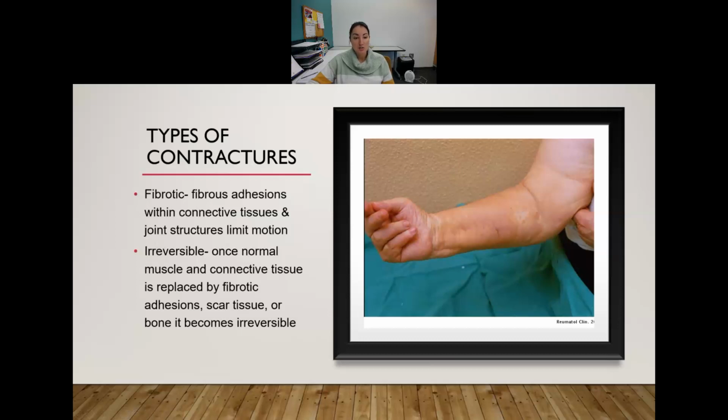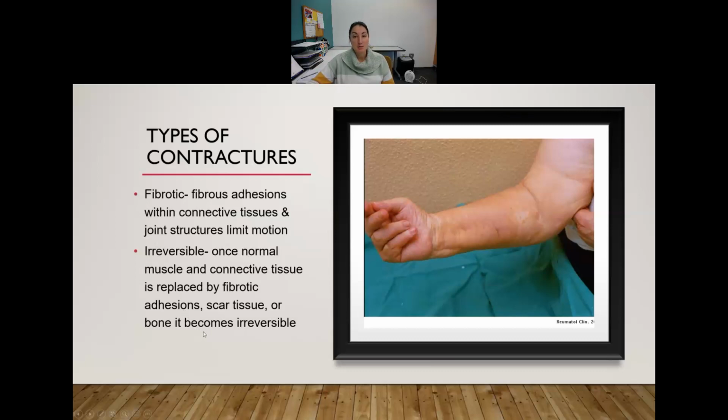An irreversible contracture is once the normal muscle and the connective tissue is replaced by fibrotic adhesions, basically scar tissue, or even by bone, then it becomes irreversible.